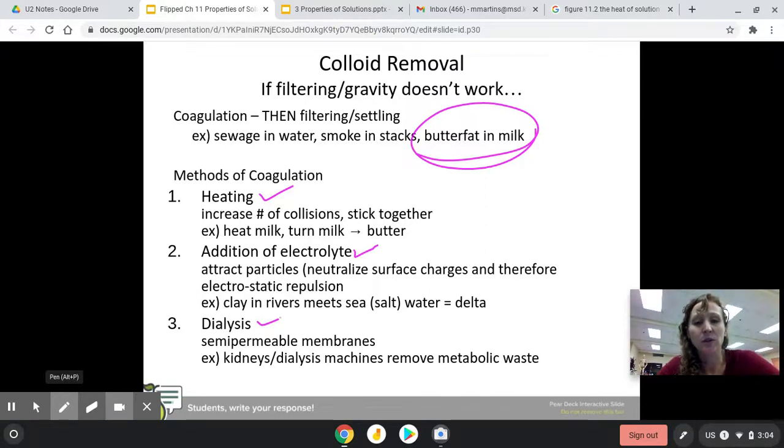Dialysis is also used, as these solutions are forced through very specific semi-permeable membranes, like in kidney dialysis, where they flush the blood through these semi-permeable membranes and pull out of the blood things that we consider to be toxic waste inside our body that we need to remove. So there are ways to get colloids out. It's just a little bit more difficult.